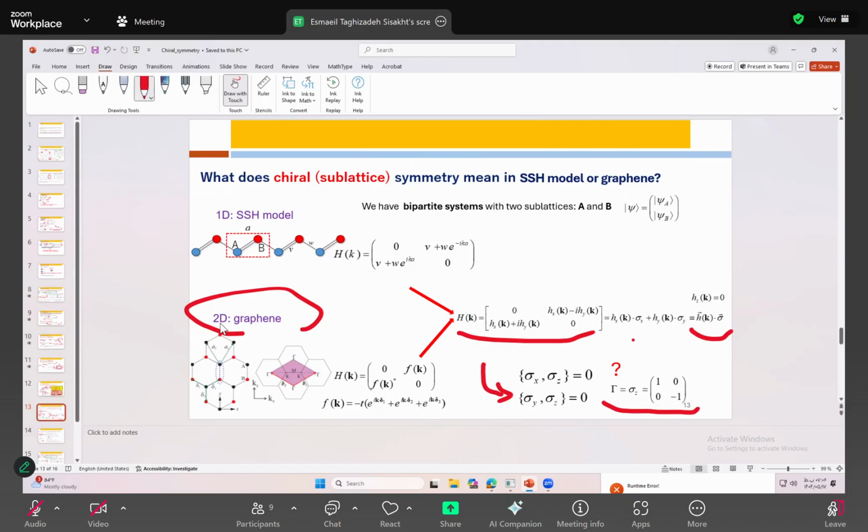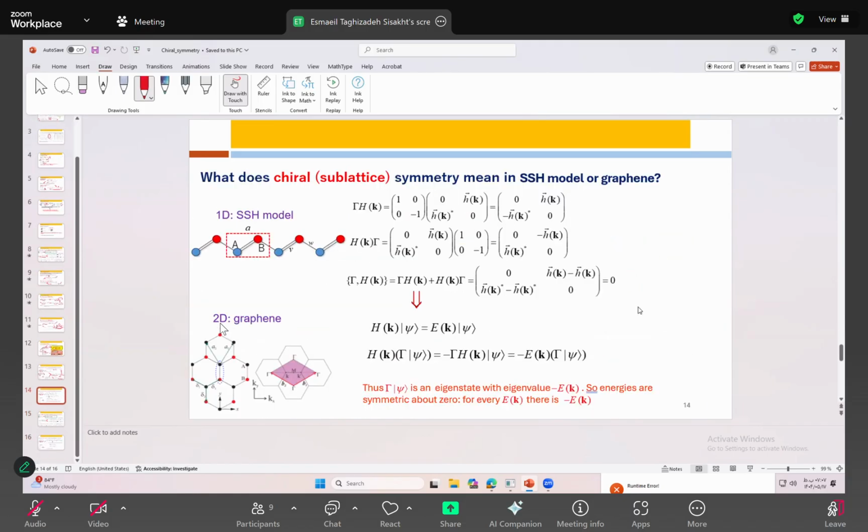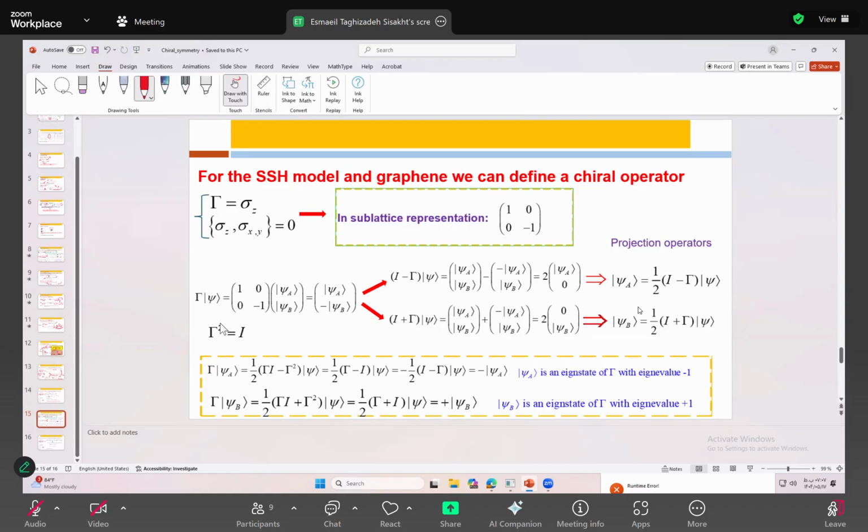But here, instead of thinking about right-handed and left-handed states, we think about the contribution of the sublattices A and B. If we define this operator like this one, in a similar way to what we had in the quantum field theory, it will distinguish between the different sublattices, sublattice A and sublattice B. So we do everything very similar to what we had in the quantum field theory with the gamma 5.